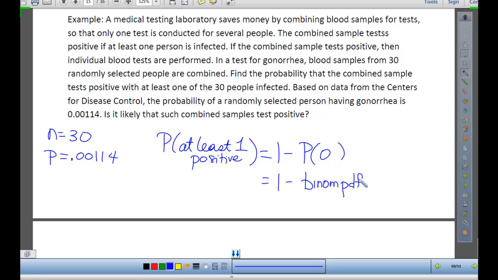We already said N is 30, P is 0.00114, and X will be 0. Very good. Okay.